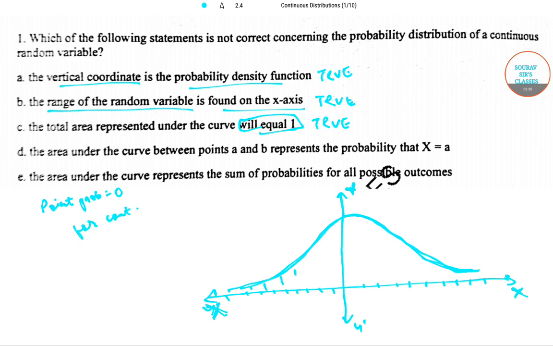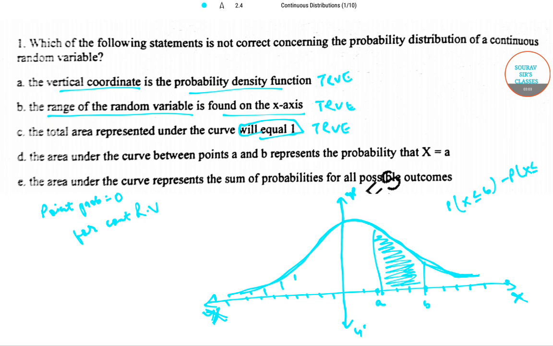And again, let us take this to be point A and this to be point B. So what this area actually shows is the probability that x is less than or equal to b minus the probability that x is less than or equal to a.